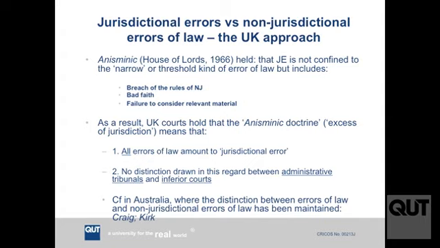Some Australian judges have argued that we should do the same, but the High Court has so far refused to do so. In Australia, we don't say that all errors of law constitute jurisdictional error, but it's not 100% clear exactly what does and what does not.